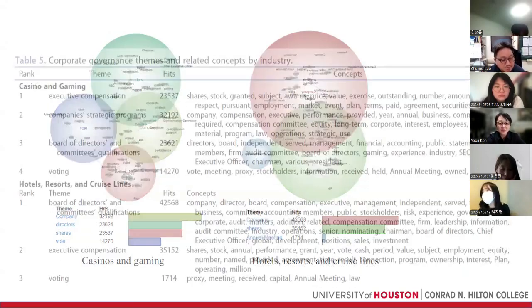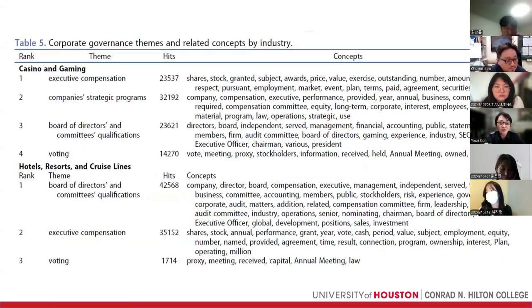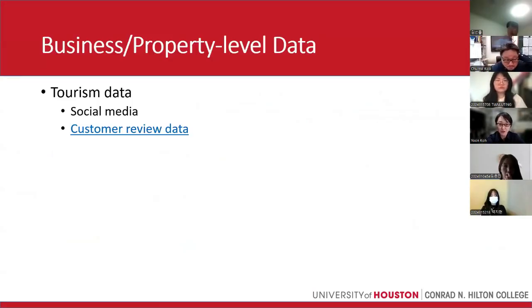Anyway, I found the main themes in relation to corporate governance, and then I made the comparisons and discussed. So that is one of the examples of how you can utilize available data for research. It can be both numerical data and also content data as well.